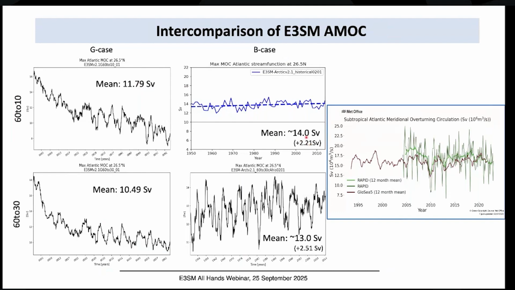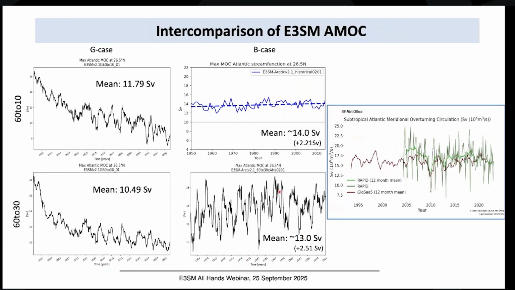But this is not version 3, this is version 2.1. We have not completed version 3. We have the 60-30 also increasing from 10.5 Sverdrup in the G-case, and the B-case is increasing the strength of the AMOC by about 2.5 Sverdrup to about 13.